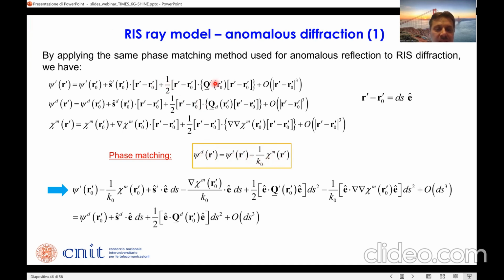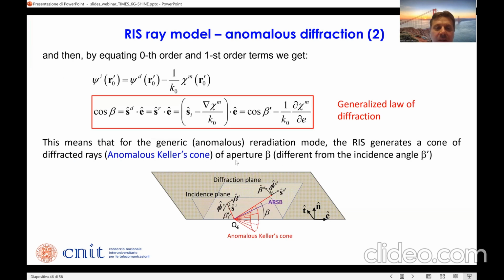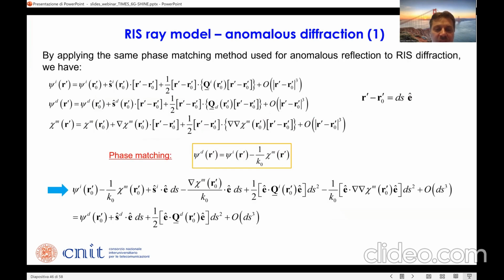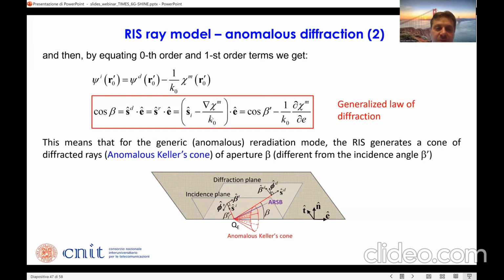We again use the Taylor series expansion of the phases. We substitute in this expression, and from the first order terms, we get this modified law of diffraction, which we call the generalized law of diffraction.